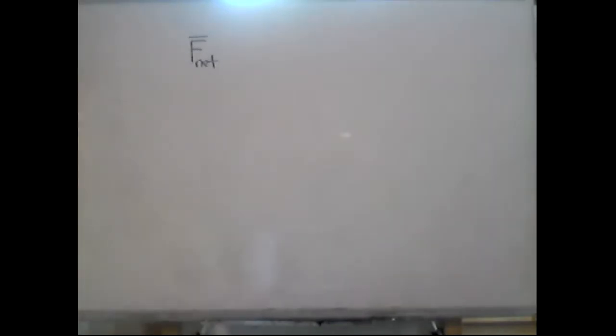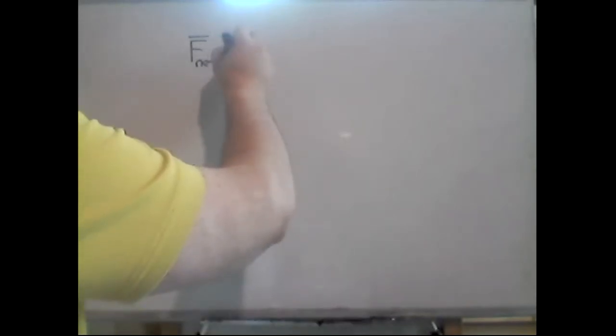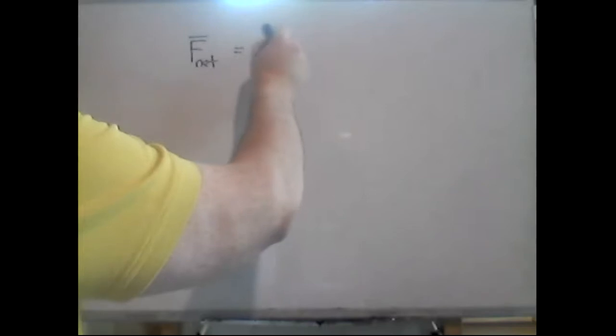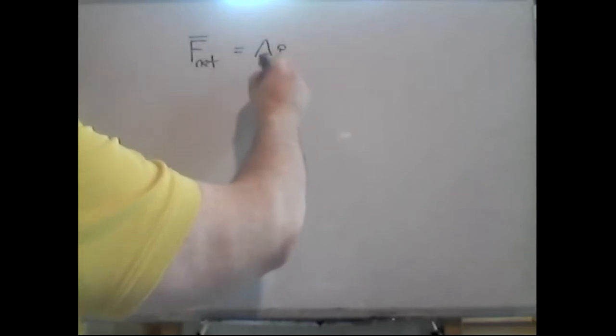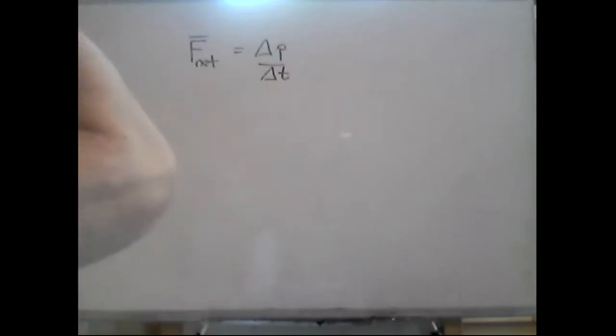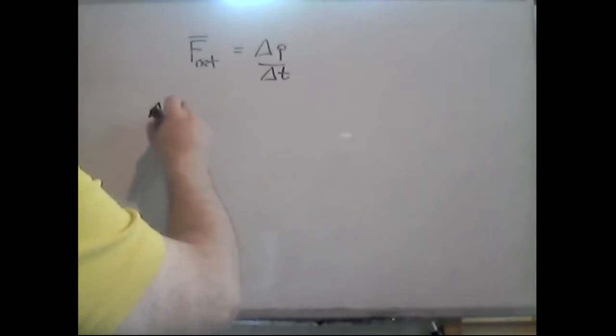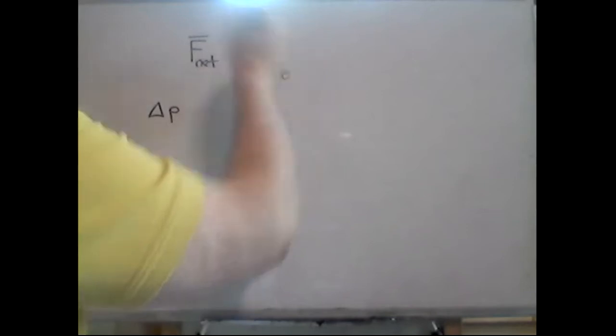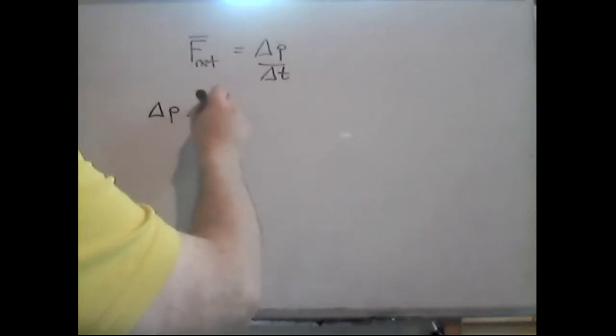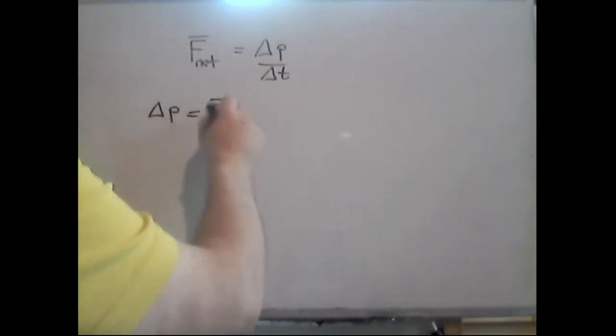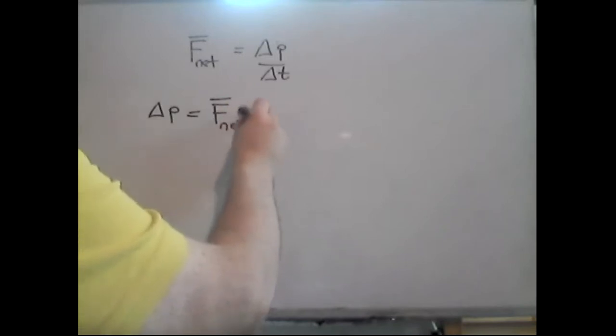I'm just going to write things in one dimension for right now. What's Newton's second law say again? It's F net equals delta P with respect to delta T. Let's cross multiply: delta P, vector hats off, is F net average times delta T.